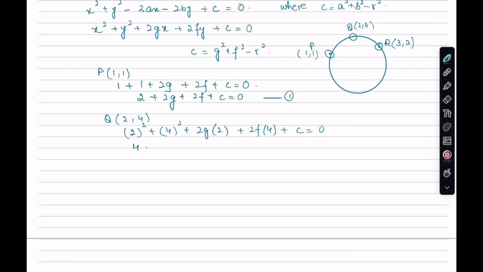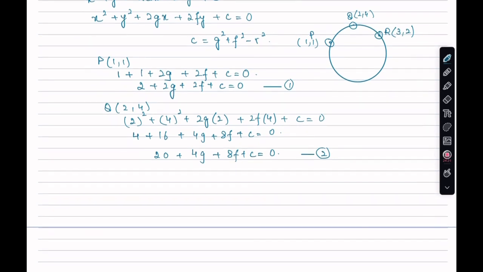Solving it, it is going to be 4 plus 16 plus 4g plus 8f plus c, equal to 0. Or I can say it's 20 plus 4g plus 8f plus c, and this is equal to 0 here. So this is the second equation that I have obtained for g, f and c.